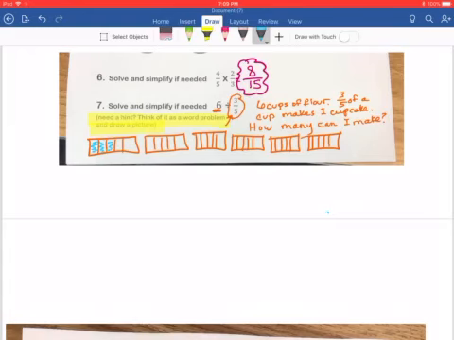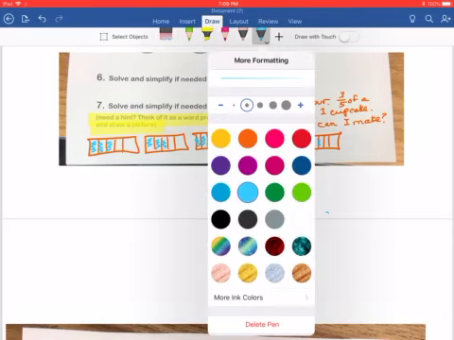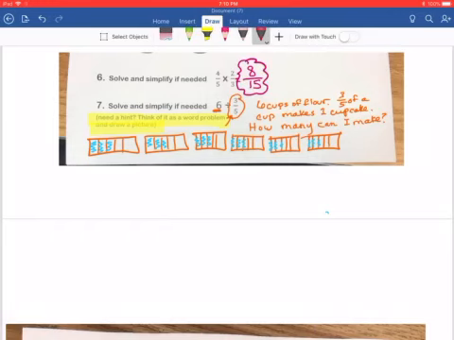1, 2, 3, that's 1 cupcake. 1, 2, 3, that's another cupcake. 1, 2, 3. I'm going to switch colors and get those other ones. So 1, 2, 3, there's another cupcake.